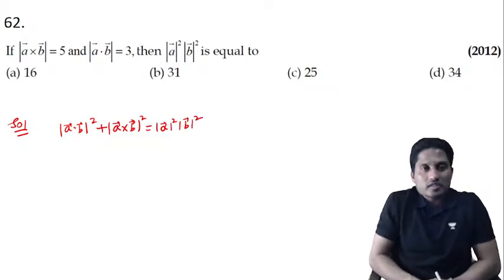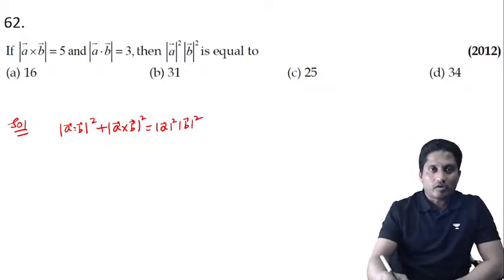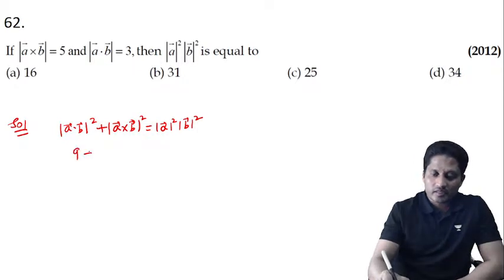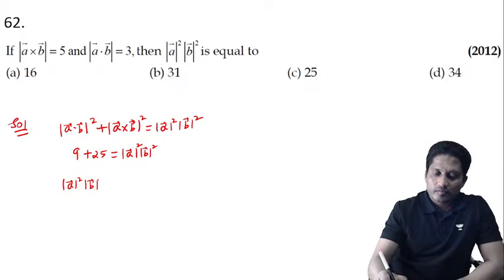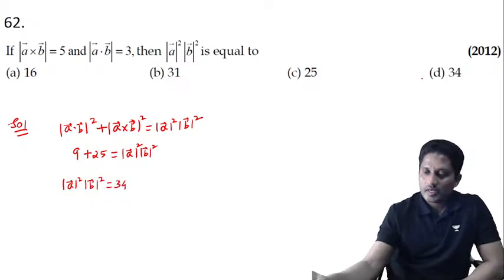So if I use this Lagrange's identity, dot is 3, so this is 9. Cross is 5. If I square, I get 25. So therefore mod A square into mod B square is equal to 34. Answer is option D.